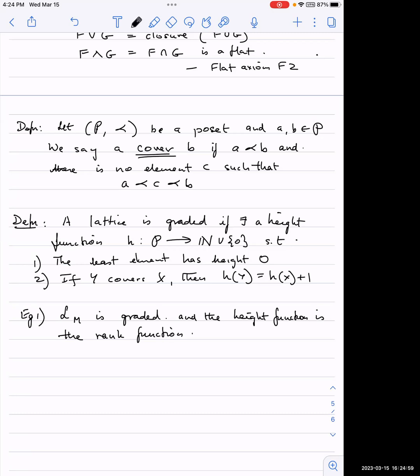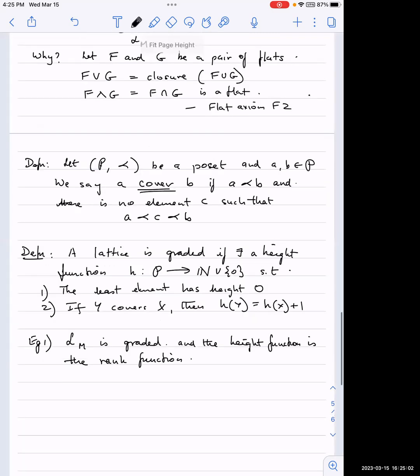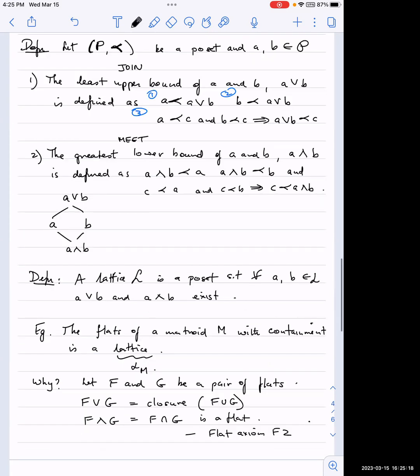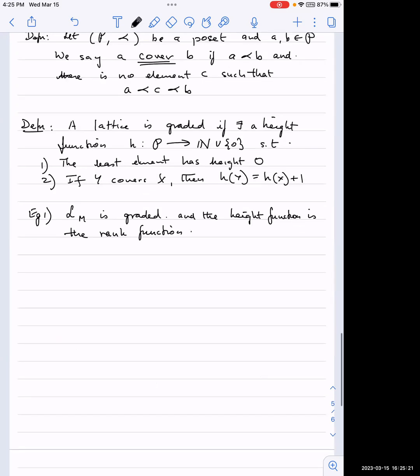I should mention that I did 3 of the simplest examples of partially ordered sets and lattices, and then went straight to matroids. There's a vast literature on lattices. For example, the faces of a polytope form a lattice called the face lattice, and there's all sorts of other examples that are deeper than the ones that I gave.